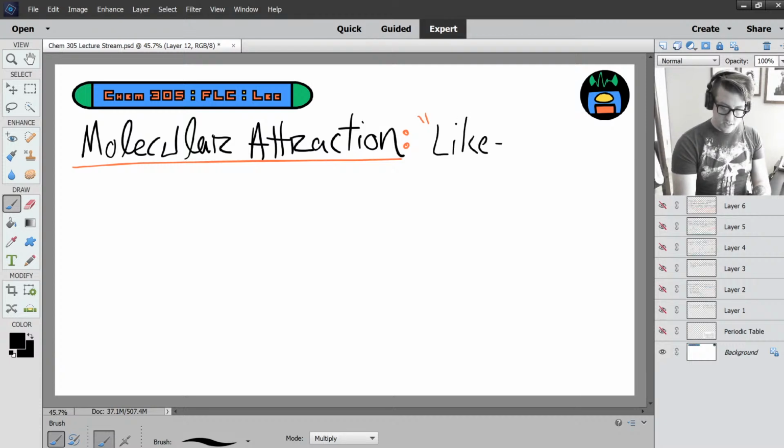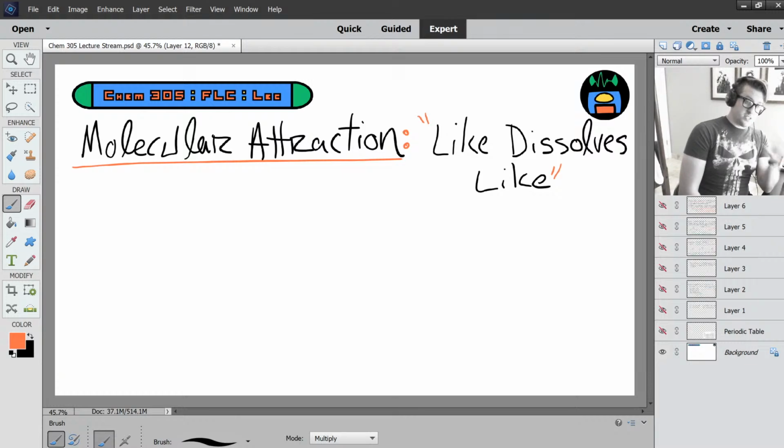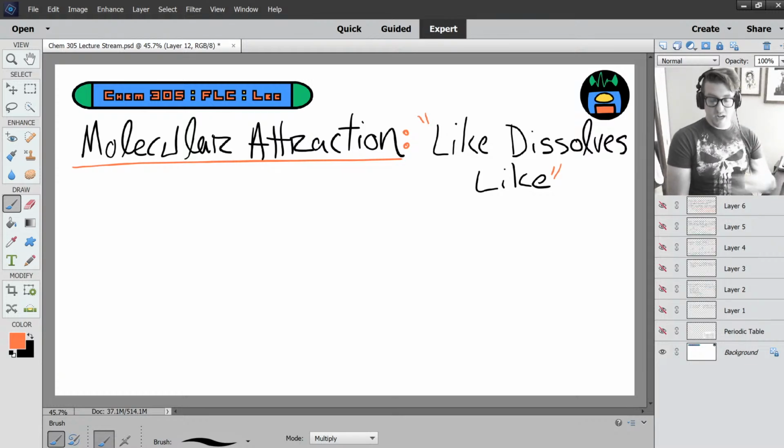Like dissolves like is maybe something that you've heard. All right, so if you have an oil spill, you don't use water to scoop it up. You need something greasy, right? You need something like soap. And that all boils down to molecular attraction.